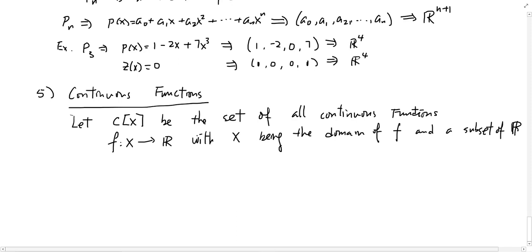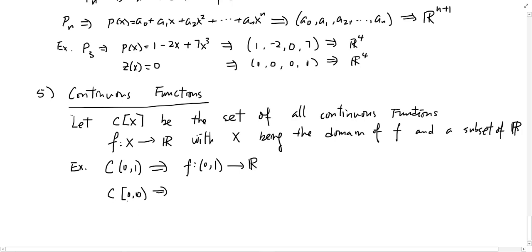So we don't want to deal with multivariable functions, and we also don't want to deal with vector valued functions. For example, if I define this continuous function space C parentheses 0, 1, then that basically defines all continuous functions that map from domain 0, 1 to R. And if I want to define the continuous functions from 0 to infinity, that would be C square bracket 0 to infinity. That would define all continuous functions that go from 0 to positive infinity mapped to R.